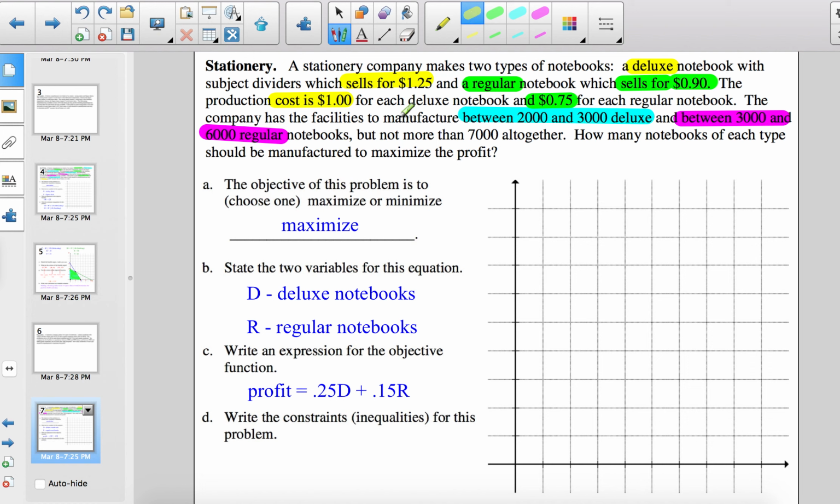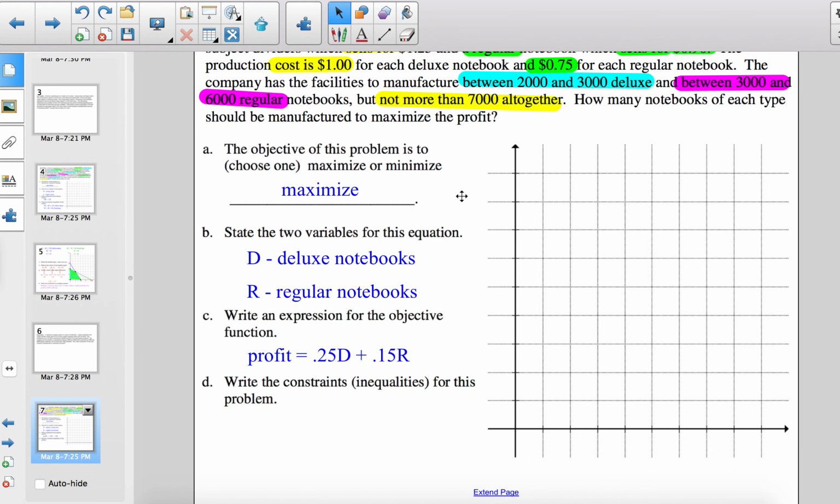And running out of colors, not more than 7,000 together. So what that means is the D is going to be between 2,000 and 3,000. The R is going to be between 3,000 and 6,000. But then together, D plus R is going to be less than or equal to 7,000.